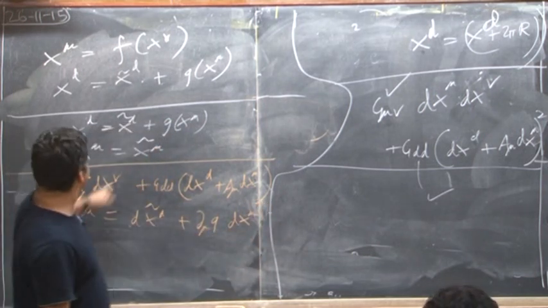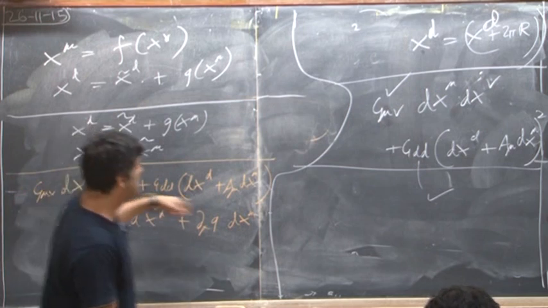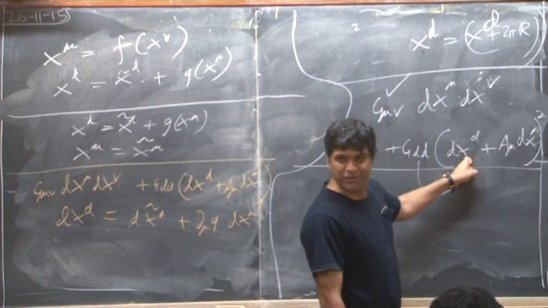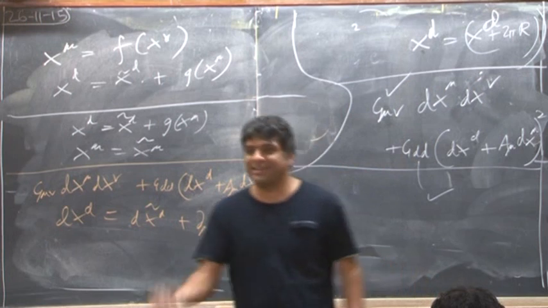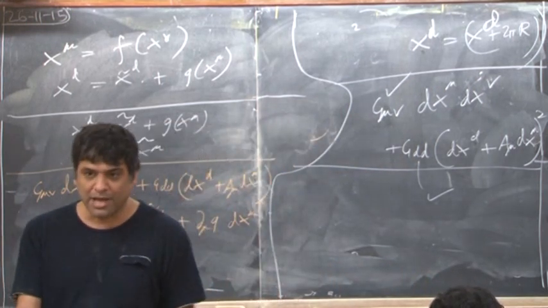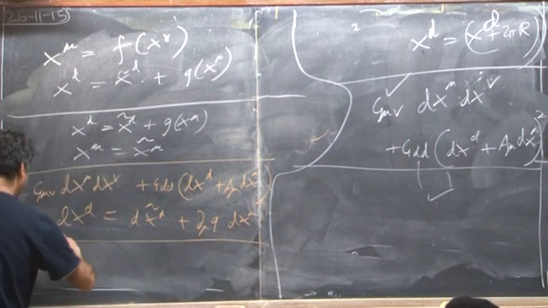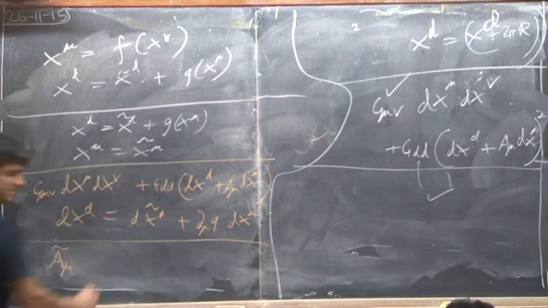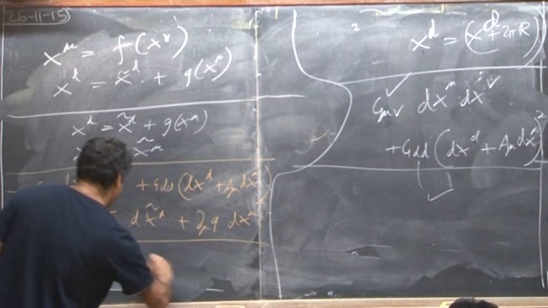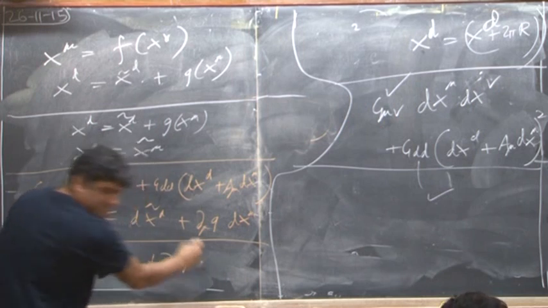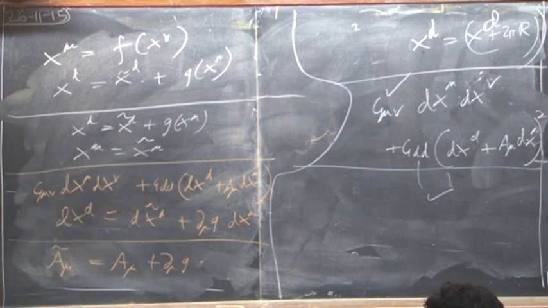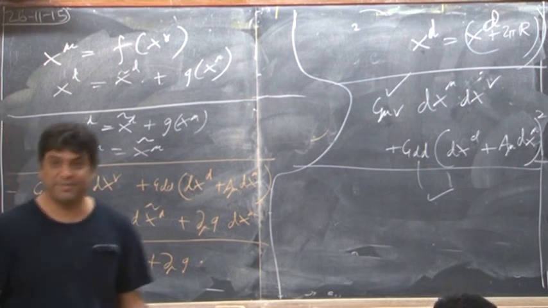Putting this in, do you see that we get the same form of the metric in the x tilde coordinates, once we make the identification a tilde mu is equal to a mu plus d mu of g, which is just a simple U1 gauge transformation.